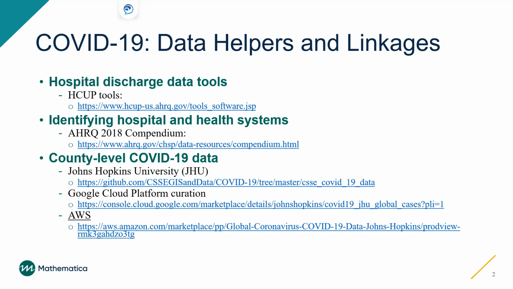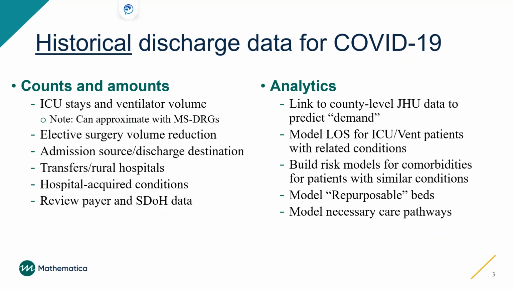So the nice thing about going to a place like Google Cloud is that they're handling the changes in the data schema, and then they're creating a consistent format, and it's all very well documented. And if you're comfortable and able to work in Google Cloud or AWS, these are useful resources to go to. And at this time, AWS and Google Cloud are offering either free compute and storage, and sometimes even dashboarding capabilities, if that's of interest to you.